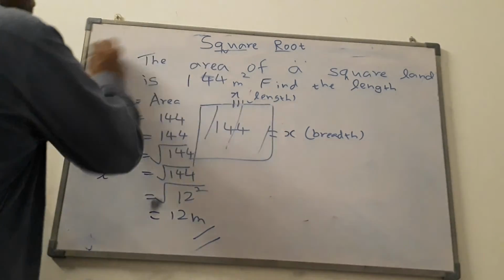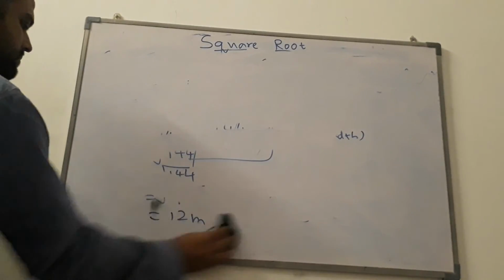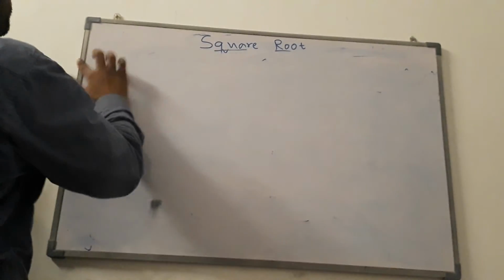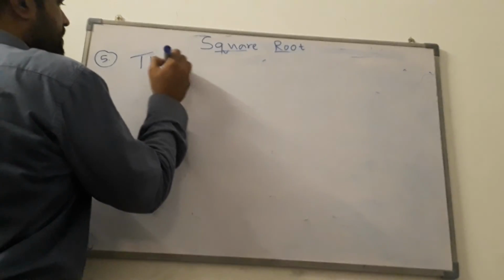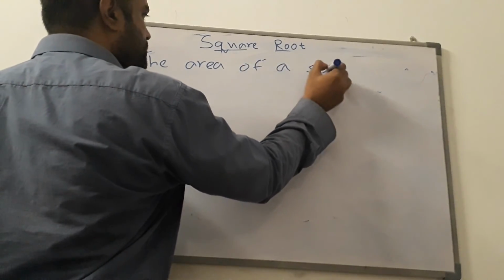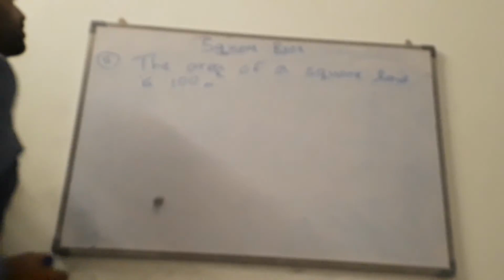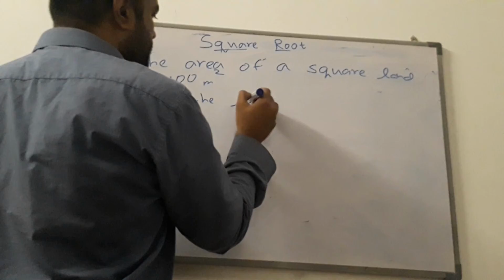Now suppose a sum like this. The area of a square land is 100 meter square. First part, find the length.